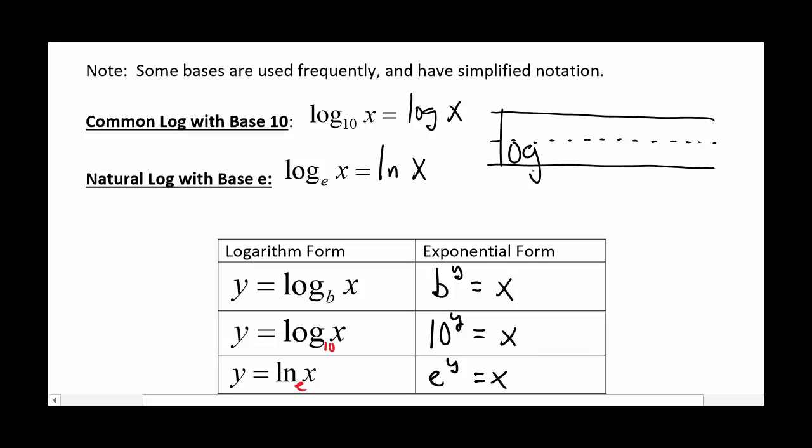So log, and then our base, below the line, x equals y. It's going to be very visible that that's the base of the log. Exponent, by the way: here we want b to the y equals x.